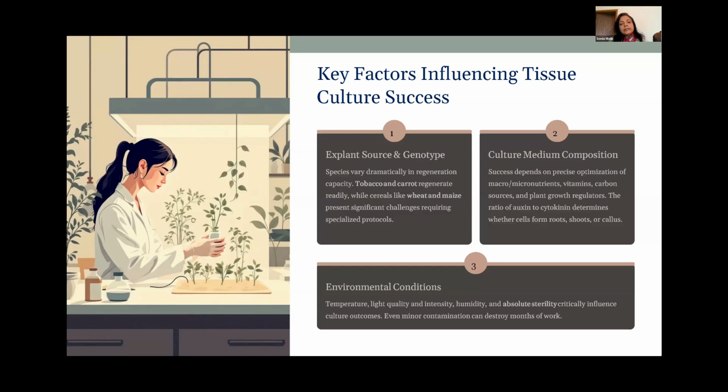And no doubt there are some sterilizing agents or methodologies. After obtaining the explants, we have to treat them with bleach, antifungal compounds, antibiotics, and soap to remove all the surface contaminants. And then culture media composition.